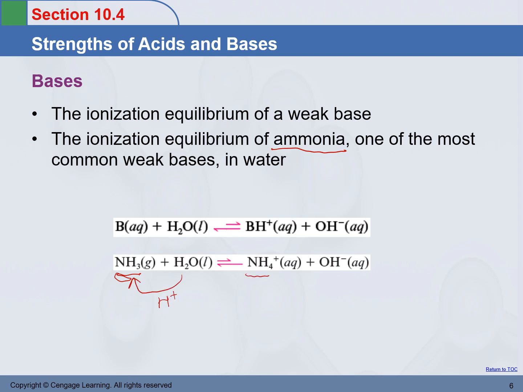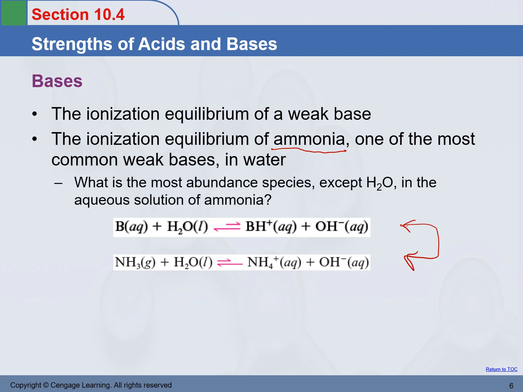NH3 becomes NH4 with a positive sign because a proton carries a positive charge. Water, after donating a proton, becomes hydroxide. I hope you can relate these two together. Okay, the first one is the generic equilibrium for a weak base. The second one is the equilibrium for ammonia, the most common weak base.